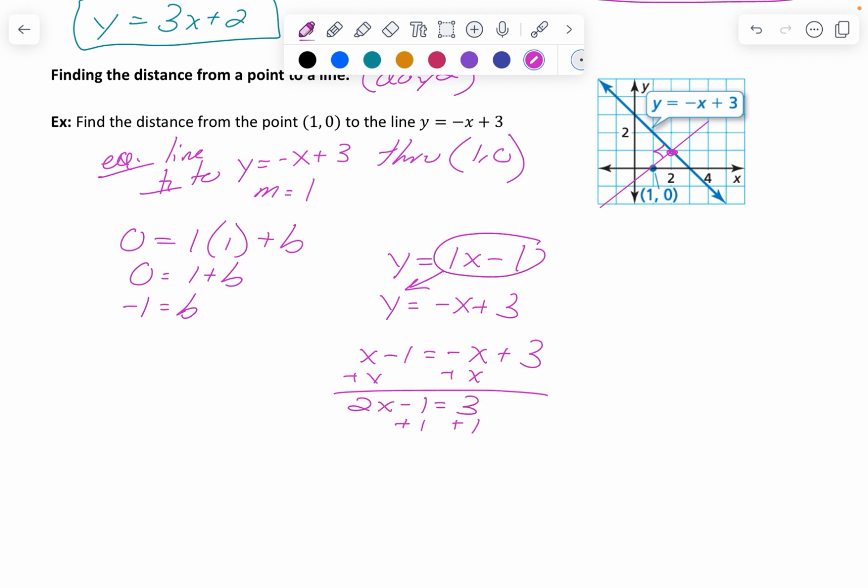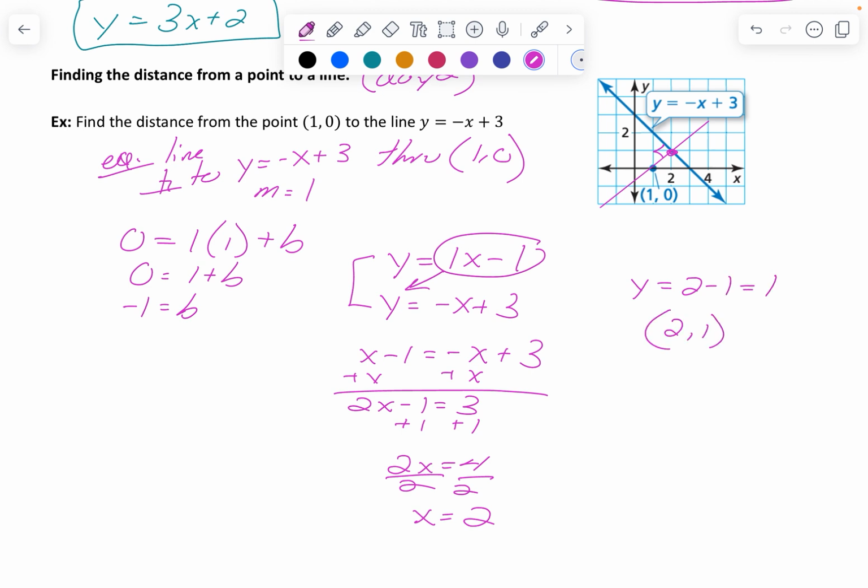Adding 1 to both sides, 2x equals 4. x equals 2. And so we're looking for that point of intersection between these two lines, just to be clear. Now when we plug in, y equals 2 minus 1, or 1. So they intersect at (2, 1).